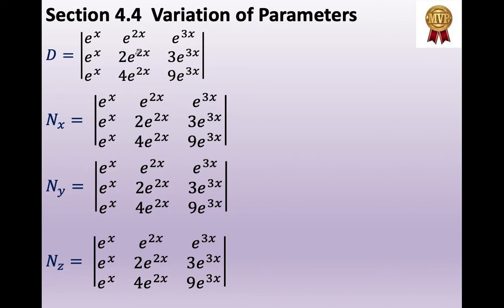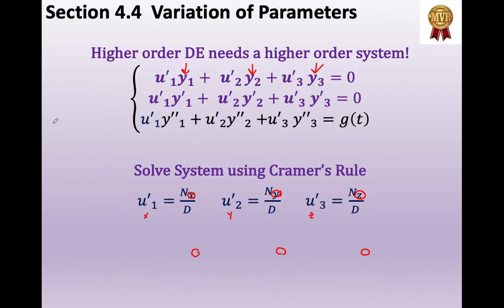But I'm going to call this what? Oh wait, sorry. For nx, you're supposed to manipulate the x column. Where did those come from? Where do 0, 0, and e to the x come from? Do you see that? That's right here. That's my answer matrix. I'm taking the answer matrix, 0, 0, and my function. In our example, our g of t was e to the x.